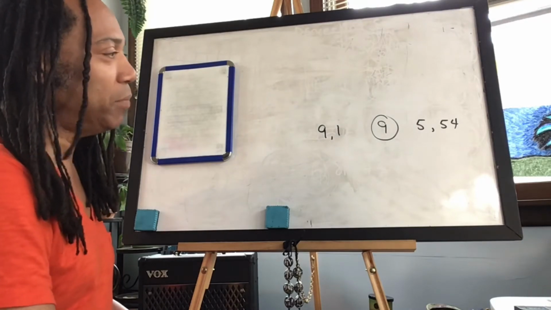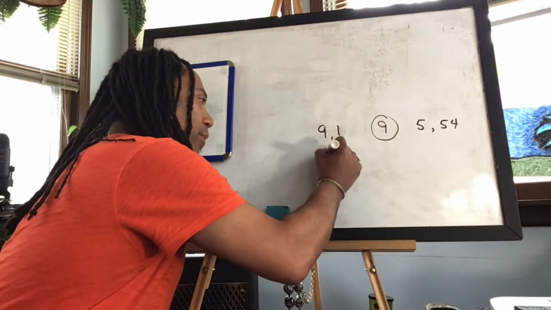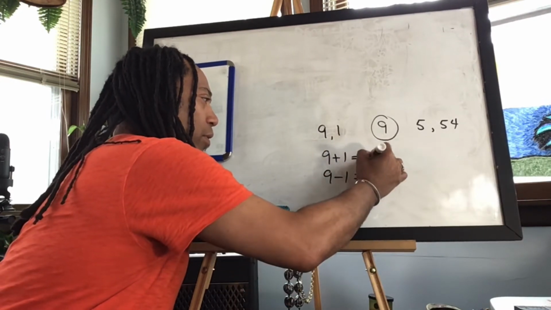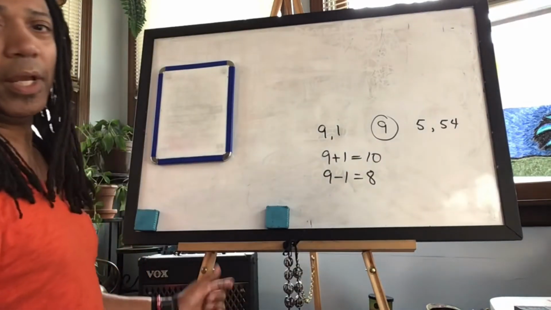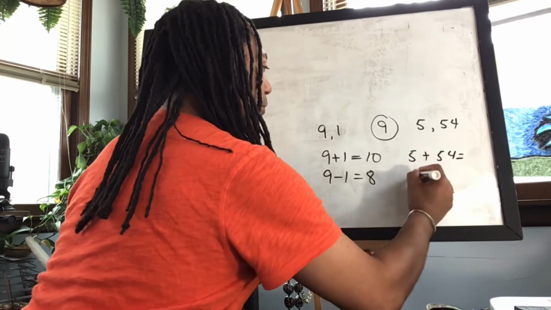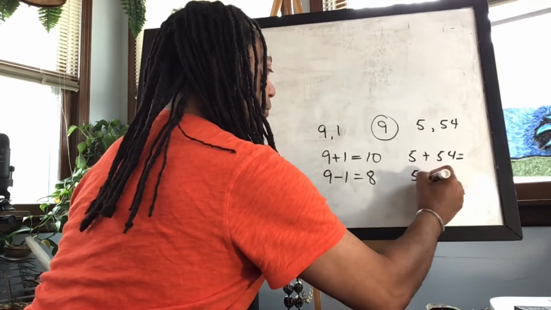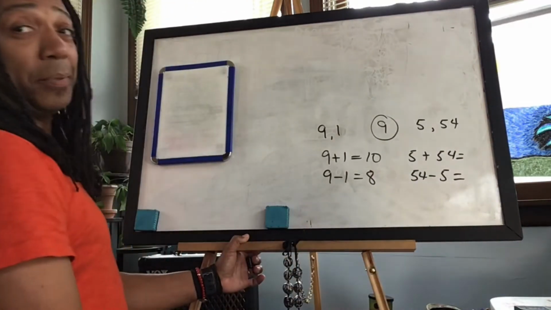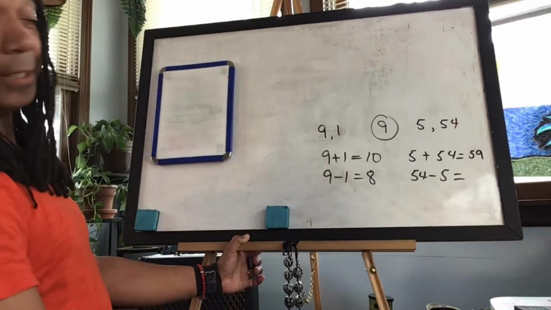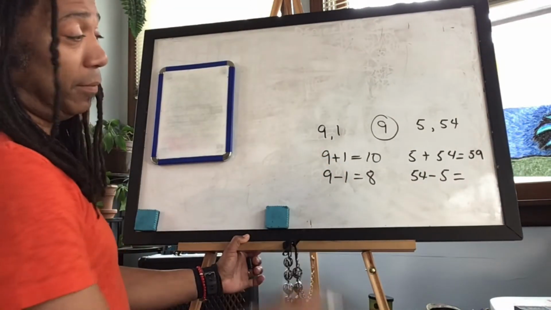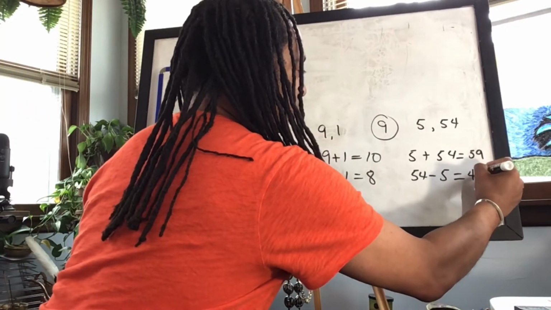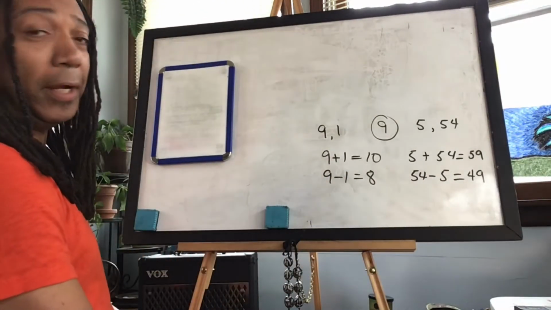Well, if we use plus and minus, can't get it that way. 5 plus 54, 59. 54 minus 5, 49.